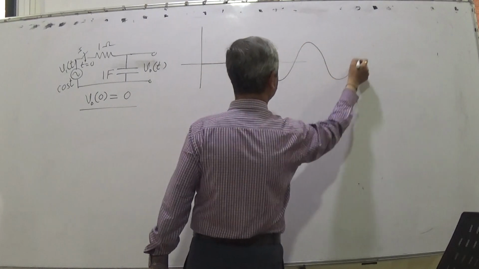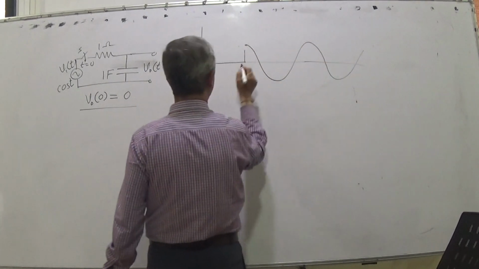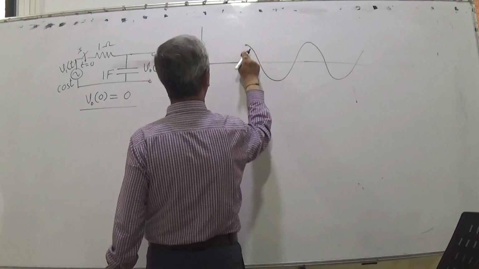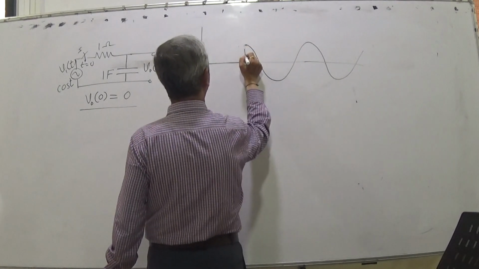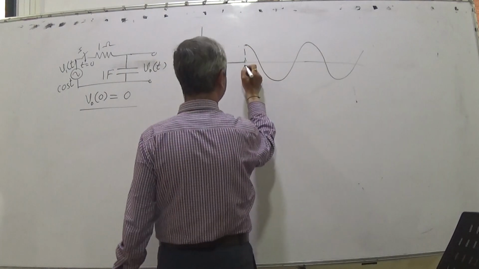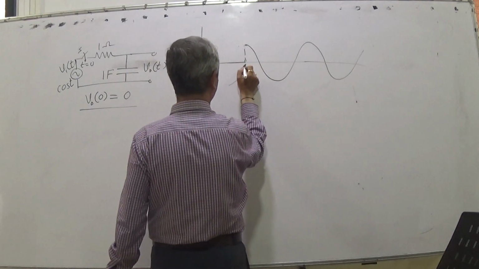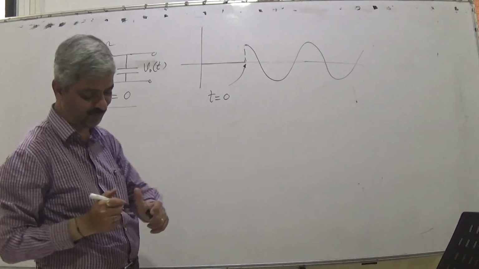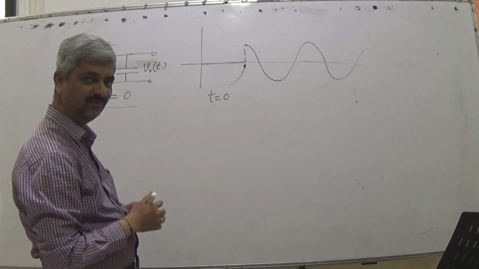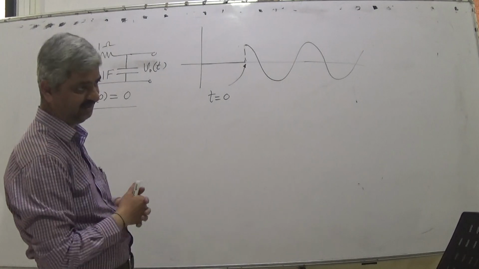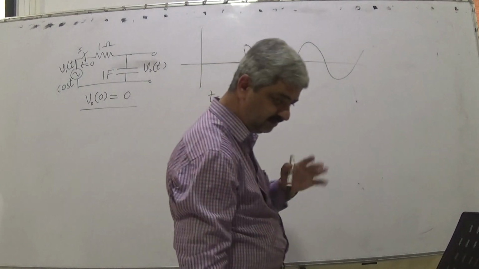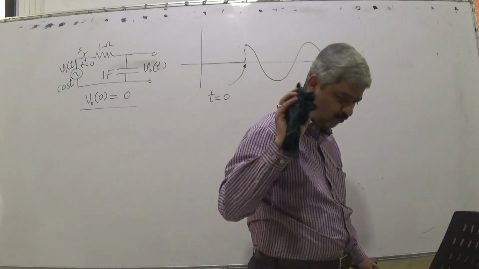Input applied till now was 0, and here I apply cos t at t equal to 0. What will happen is quite an interesting thing to be noted down. You can do it as homework.